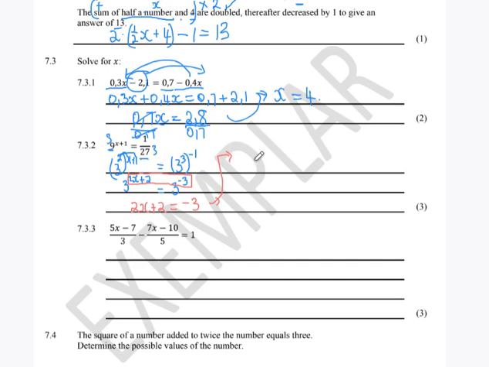So now we're going to have 2x equals negative 3 minus 2. This is 2x equals negative 5. Because we're looking for x, let's divide by whatever is not x there, which is the 2. So we divide by 2, this cancels that, and then x equals negative 5 over 2.